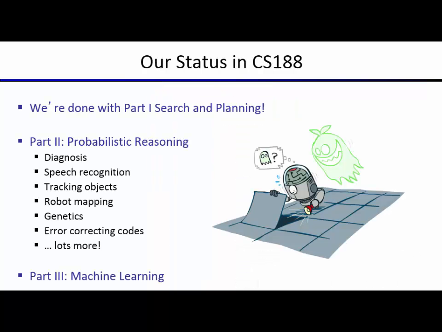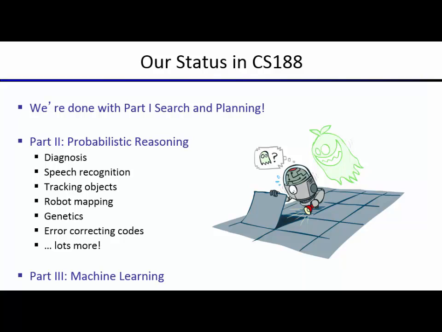All right, so let's take a look at where we are at in 188. We're done with part 1 out of 3 parts in the course. Part 1 was search and planning. Right now we're starting with part 2, which is probabilistic reasoning. Actually, if we think back to the very first lecture, we had a little history of AI there where we looked at how AI started in the 50s and so forth and kind of hit a little bit of a winter in the 70s, 80s.